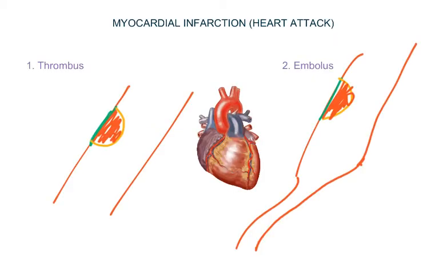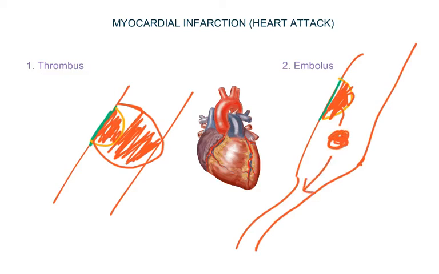This blood clot which is formed can either completely block the artery, which is called a thrombus, or it can break off a smaller part of it, which is called an embolus, and this embolus can flow through and block a smaller artery.